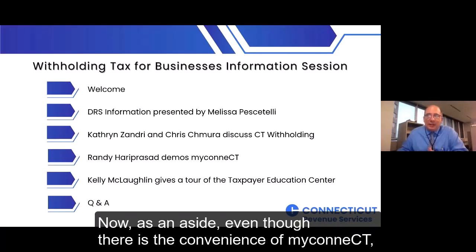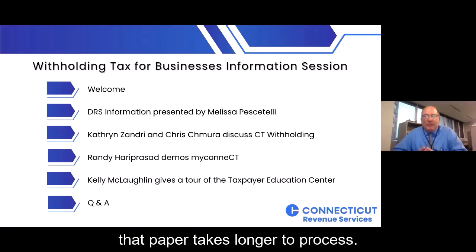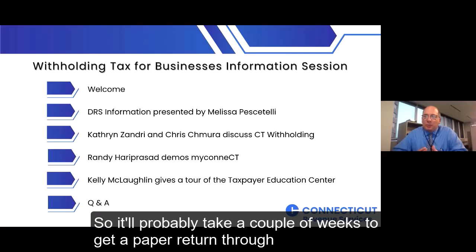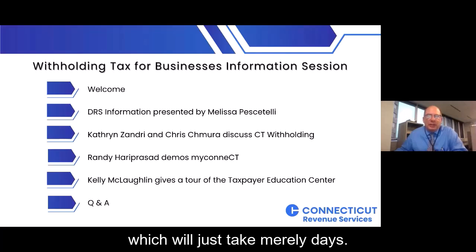Even though there is the convenience of MyConnect, you can still file a paper return, but keep in mind that paper takes longer to process. It'll probably take a couple of weeks to get a paper return through, as opposed to filing with MyConnect, which will take merely days.